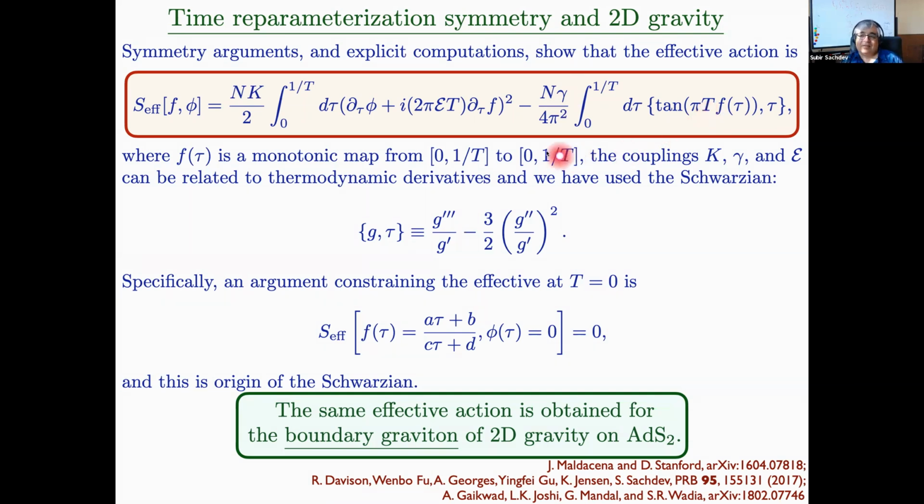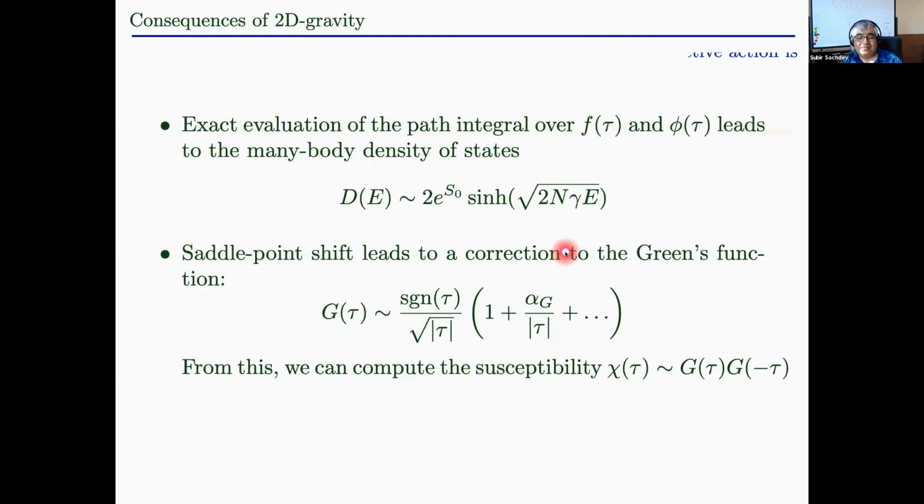All right, and amazingly, this path integral with this action, even though the action looks so horribly complicated, can be performed exactly due to some remarkable identities using the SL2R symmetry of the saddle point, which I won't talk about. Anyway, from this action you can compute the path integral and hence the density of states.